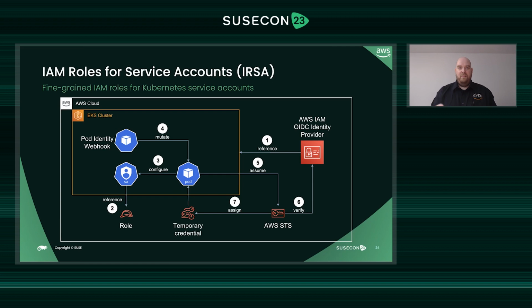From that point on, you have access with the AWS CLI or the AWS SDK from inside your pod to interact with AWS services based on whatever is allowed in the attached IAM role, without the need for any kind of hard-coded long-living credentials.